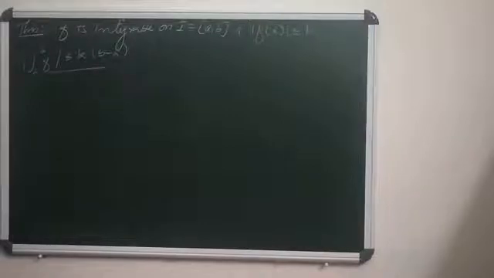since f is integrable on I, we know that for any partition P of the closed interval [a, b], U(P, f) minus L(P, f) is strictly less than some epsilon.